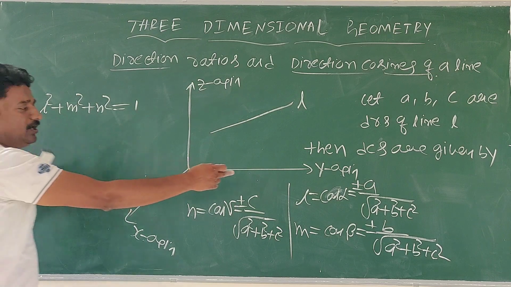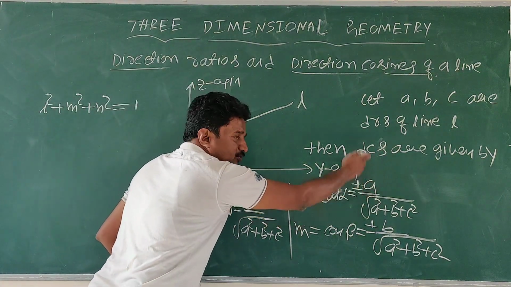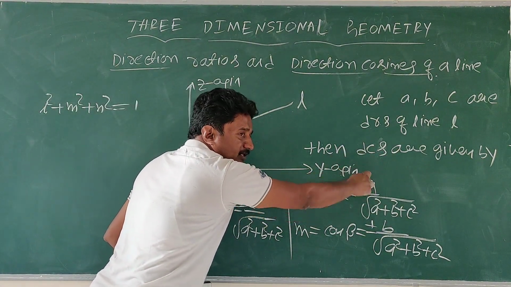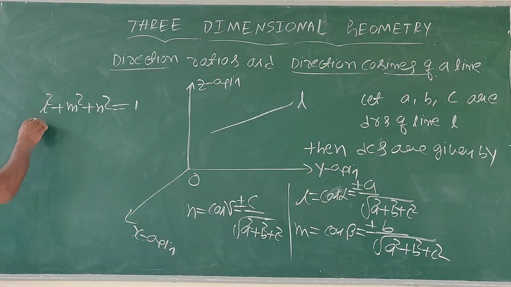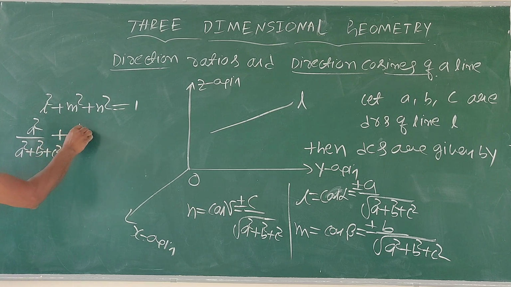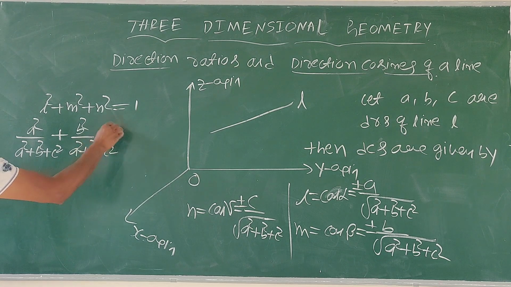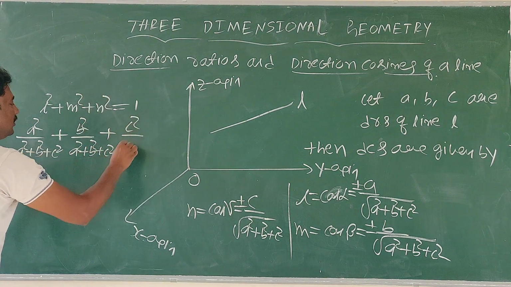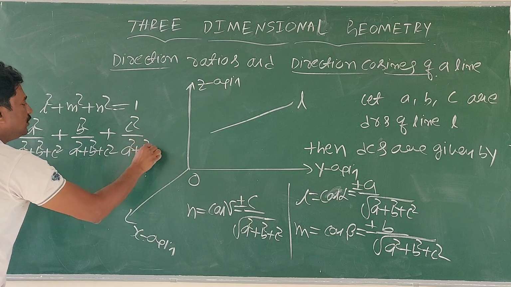How much is l square? Square this: a square by, in the denominator the root gets cancelled, a square plus b square plus c square. Next, m square is b square by a square plus b square plus c square, and n square means c square by a square plus b square plus c square.